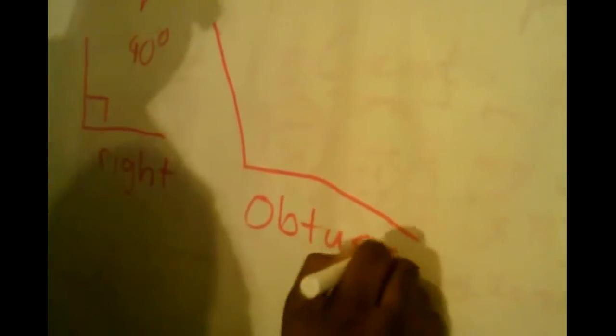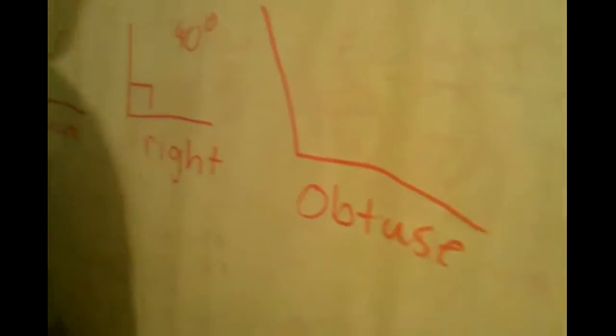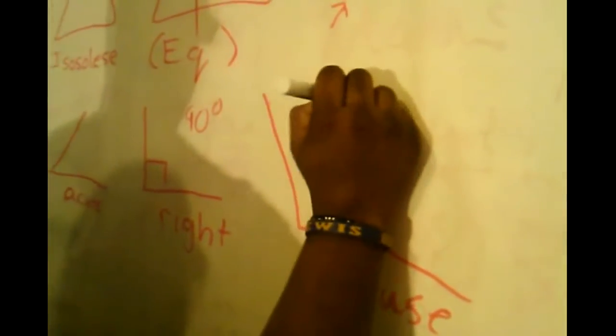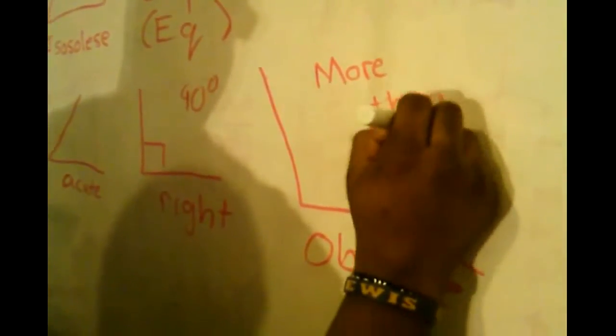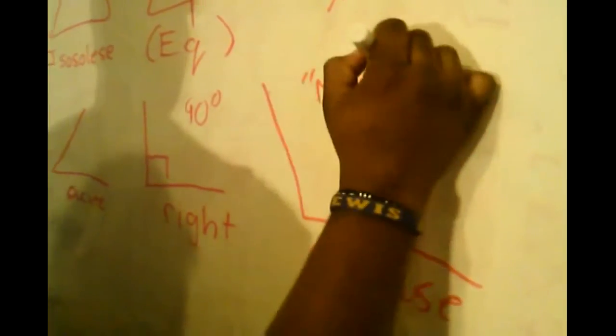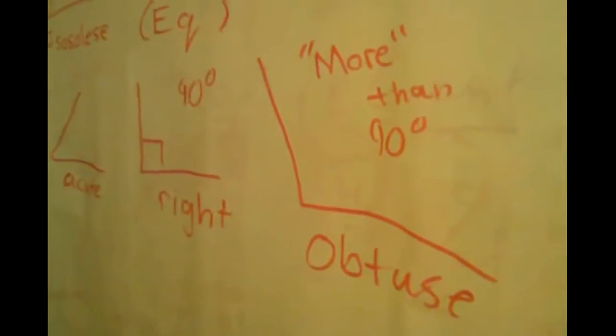Obtuse. An obtuse angle is always more than 90. So you have acute, right, and obtuse.